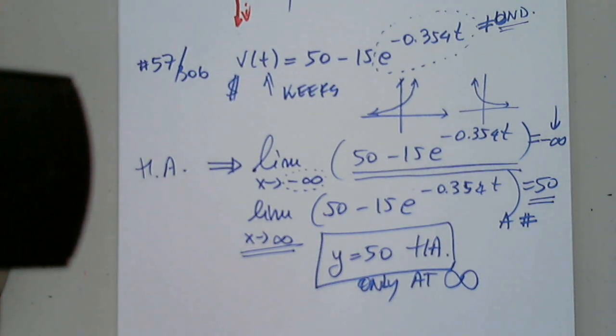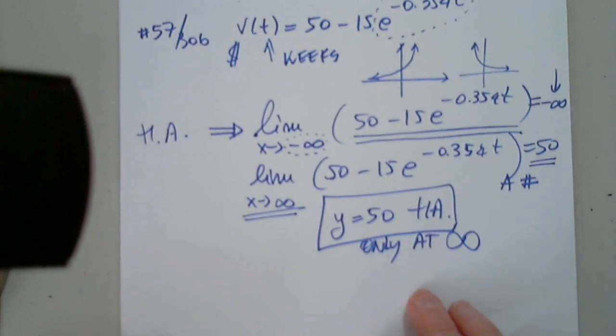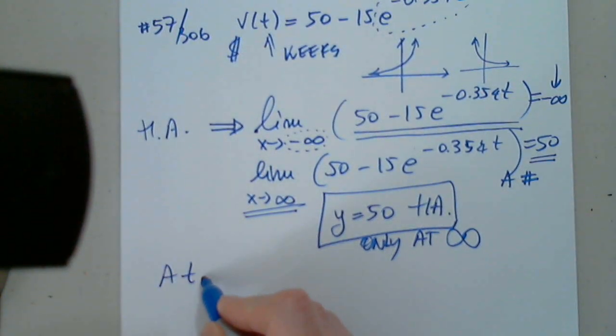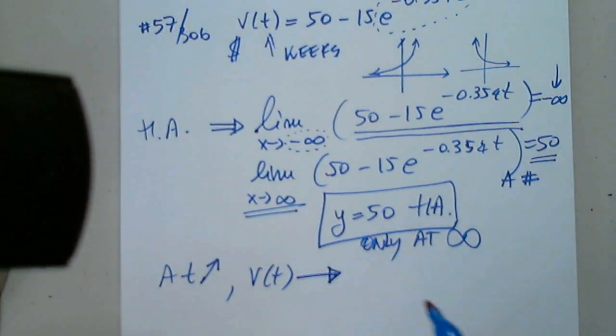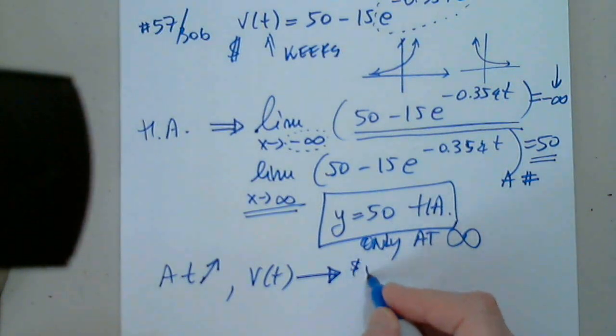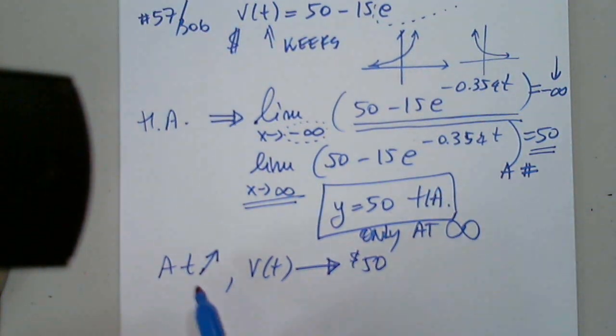So what is the significance? As t increases without bound, v of t gets closer and closer to $50. That's all it means.